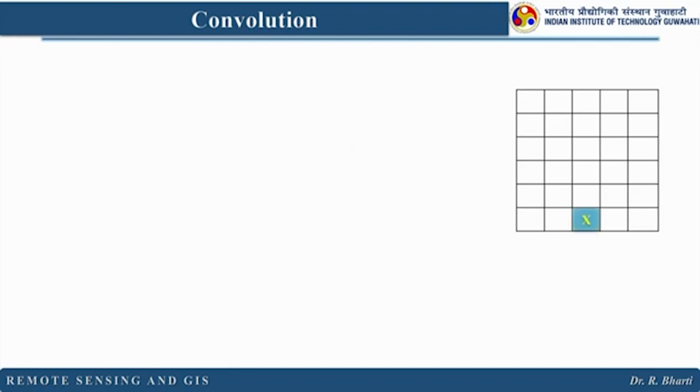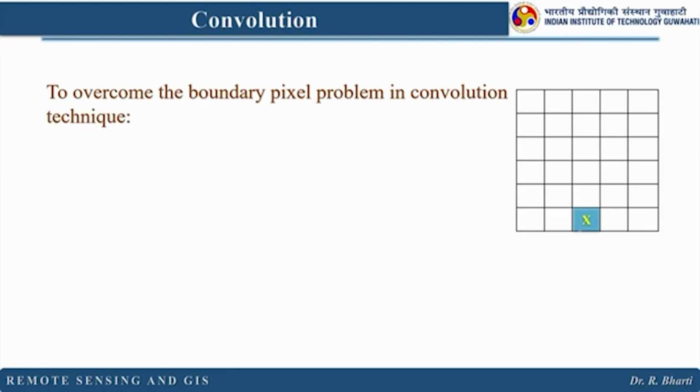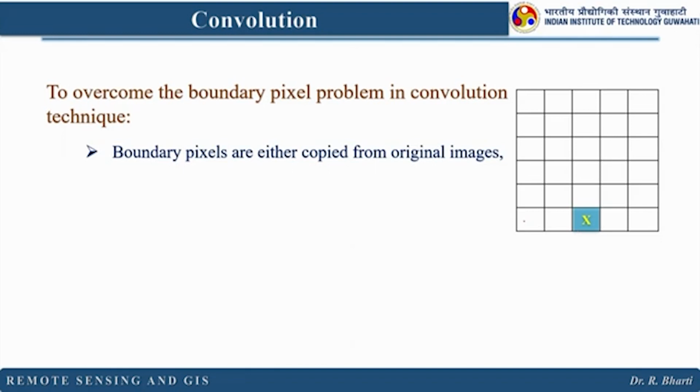So let us see for this particular pixel, the boundary pixel, what is going to happen and how we are going to solve this problem. To overcome the boundary pixel problem in convolution technique, the boundary pixels are either copied from the original image. So we will not calculate anything, we will just copy these values in the output one, because what we are doing is calculating these pixels' values.